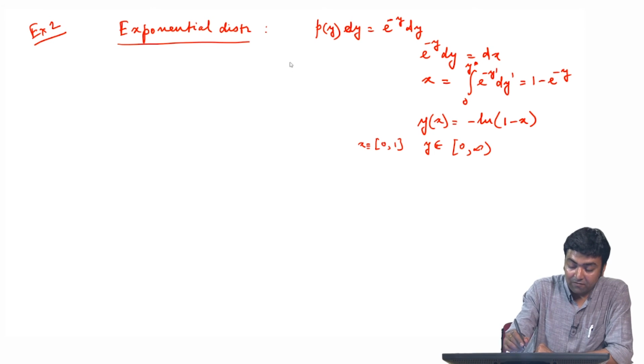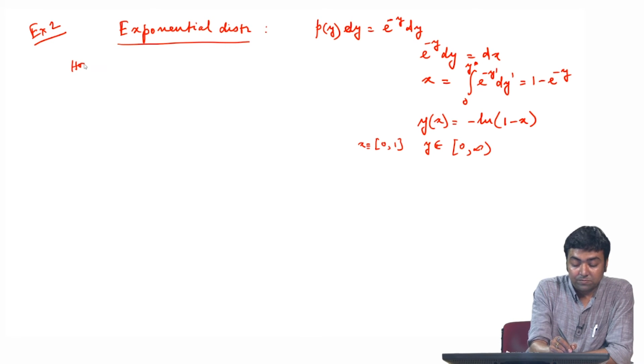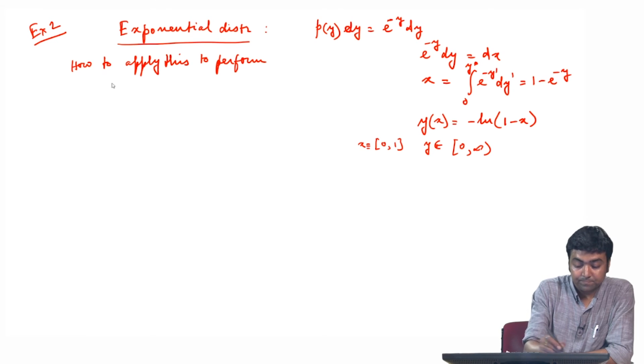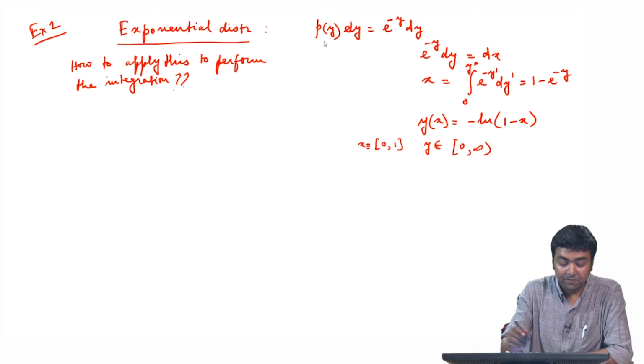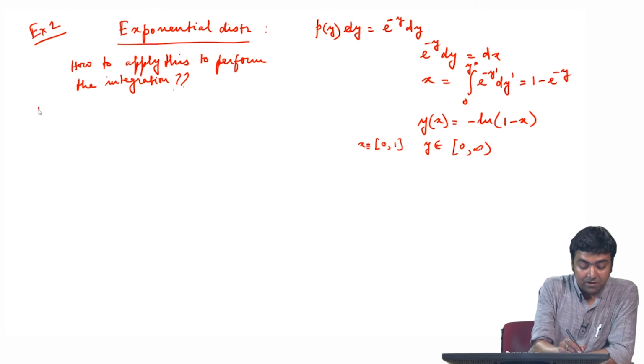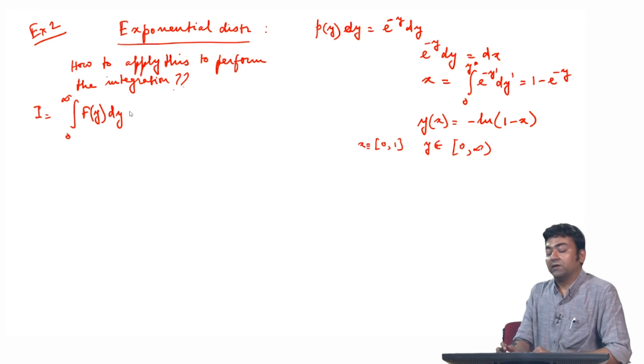Now the question is how we apply this to perform the integral. Suppose I want to use this distribution to perform the following integration: I equals the integral from 0 to infinity of f(y) dy. How will I do it?